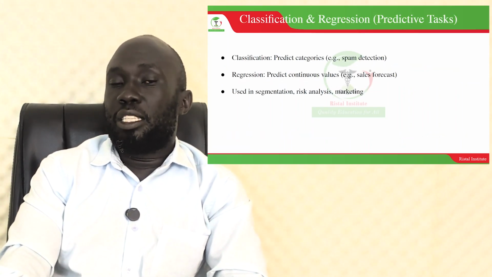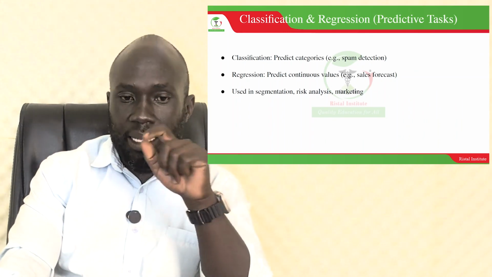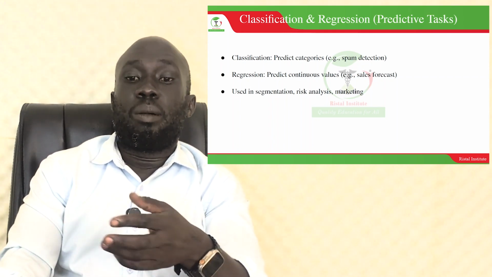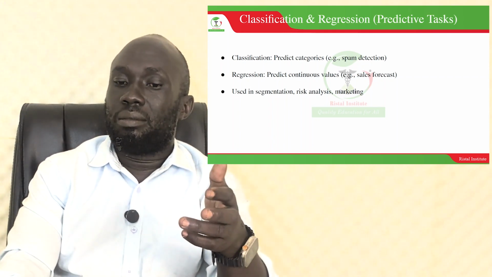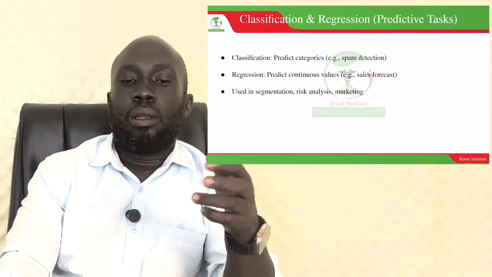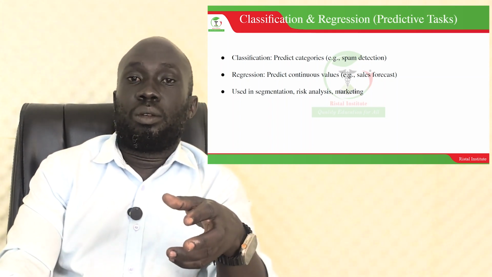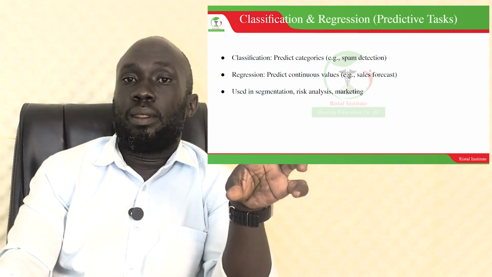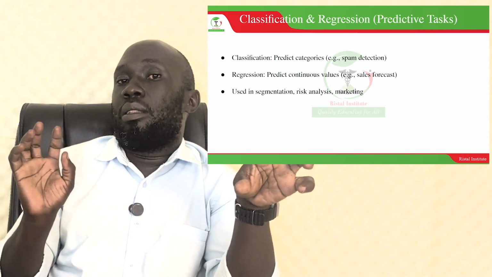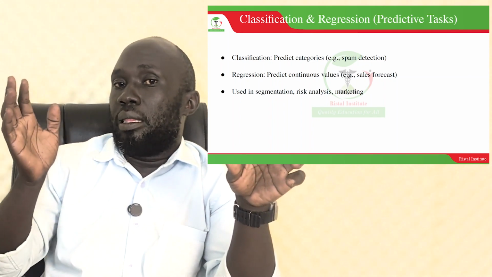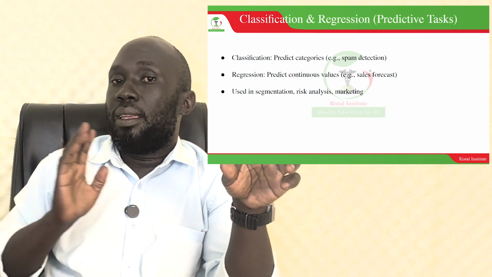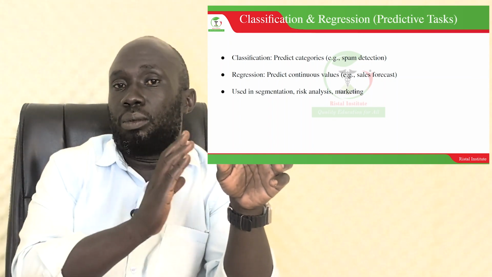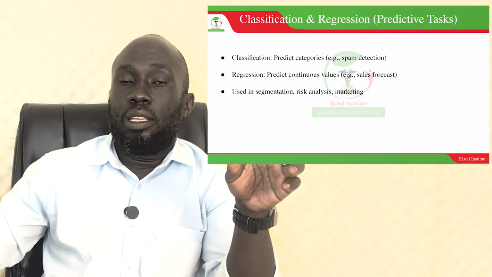Classification and regression are predictive tasks. Classification predicts categories, for example spam detection in email systems. For example, someone buys product A, and there is product B or product C. Some people take B along with A, and others take C along.